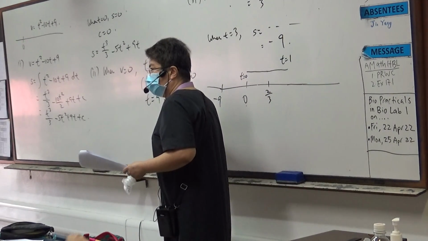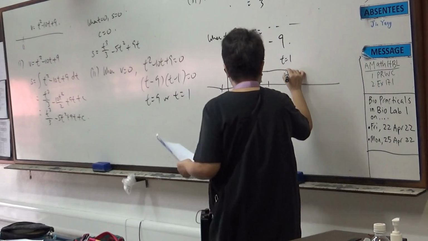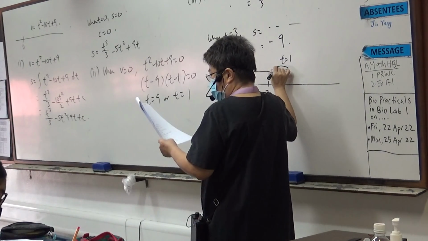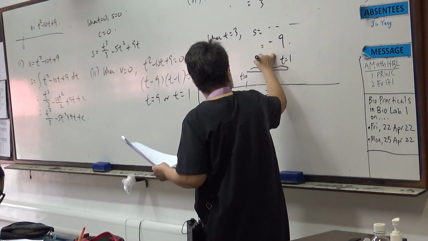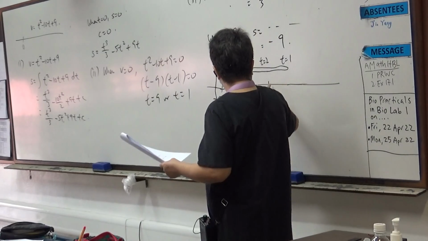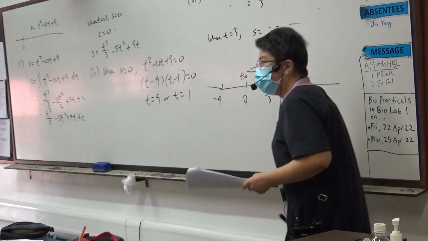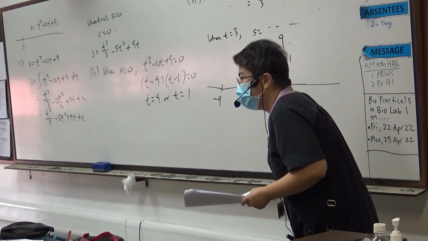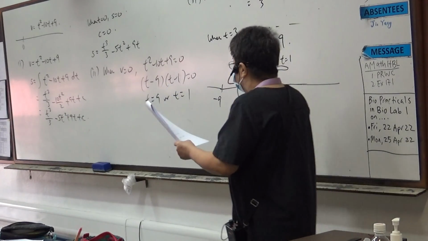It will come to instantaneous rest, right? Then it will turn, correct? It will turn. Then what will happen? It will go, then maybe up to somewhere down here is t equals 2. Because t equals 2 is 2/3, that means up to here. Can you see what I'm talking about? Yes or no? Okay, then after that, it will go to where?